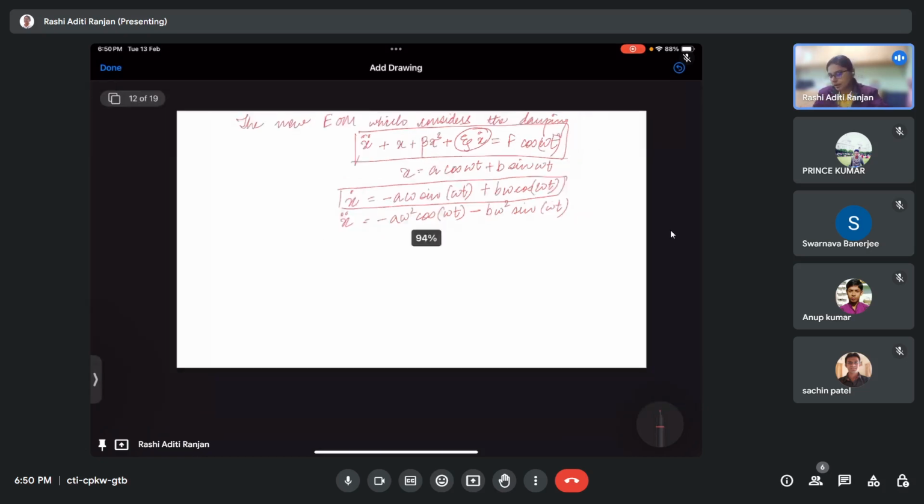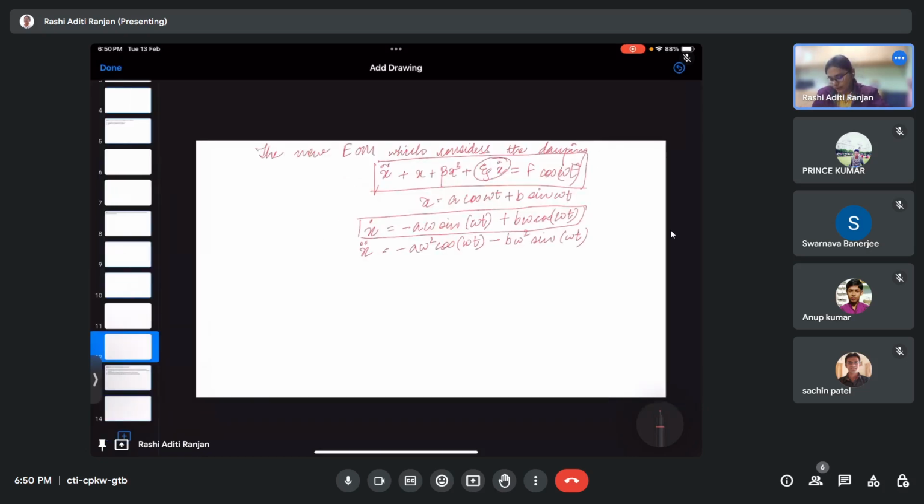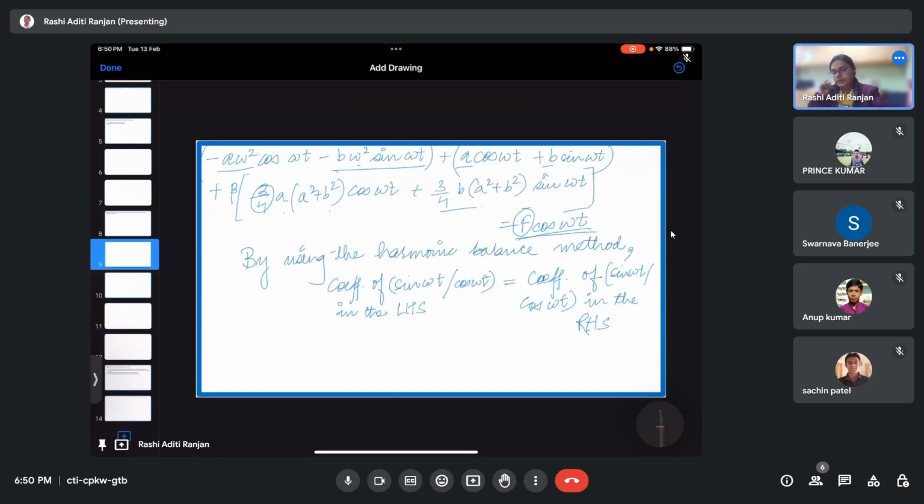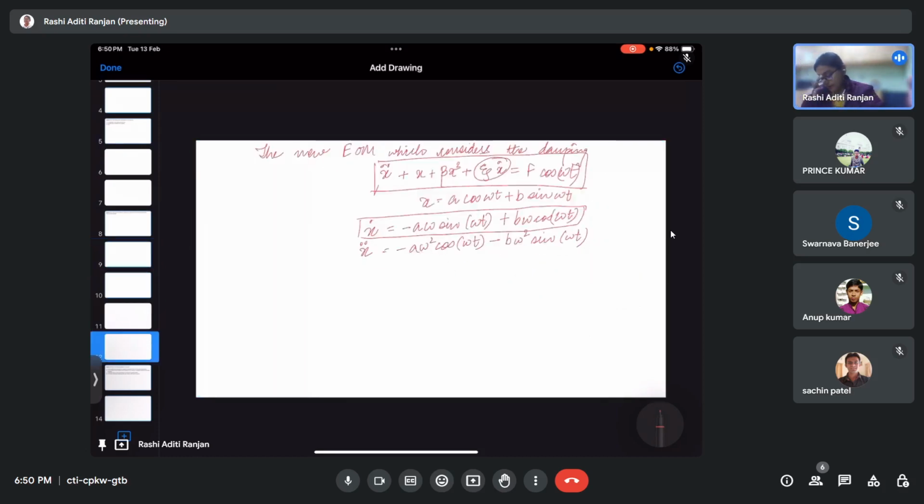If you remember, previously, this was my equation of motion. Now what is going to happen? Before this, I'm going to have two terms, correct? See here, what are these terms? This minus a omega sine of omega t.